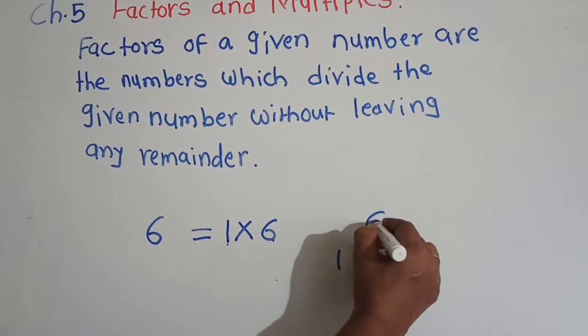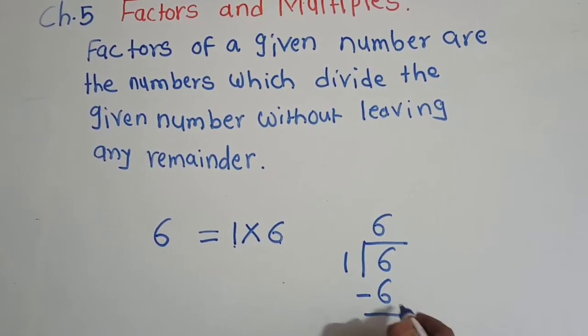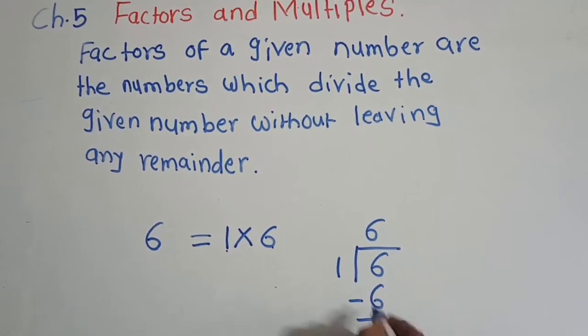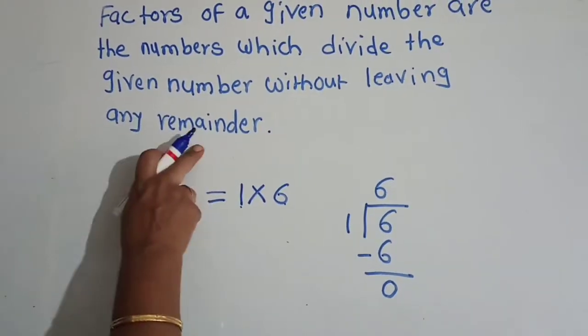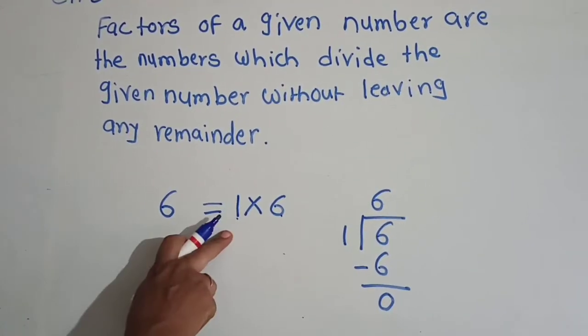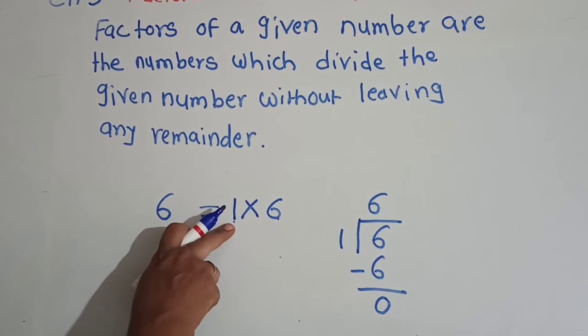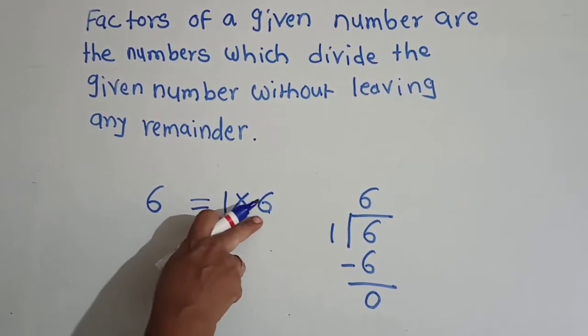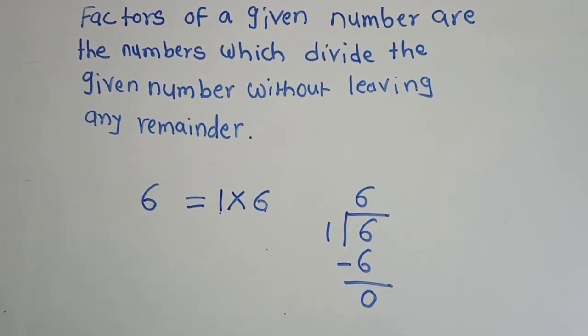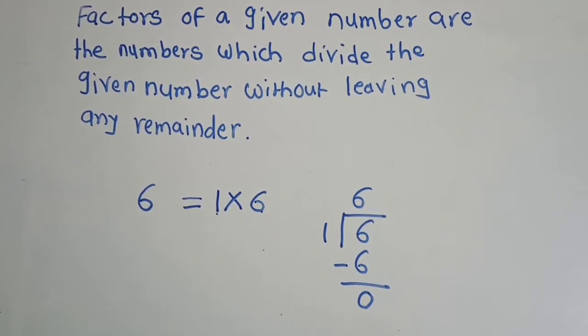So 1 six is 6 and we get remainder 0. Without leaving any remainder means remainder 0. This is a factor of 6, 1 and 6. 1 multiplied by 6.